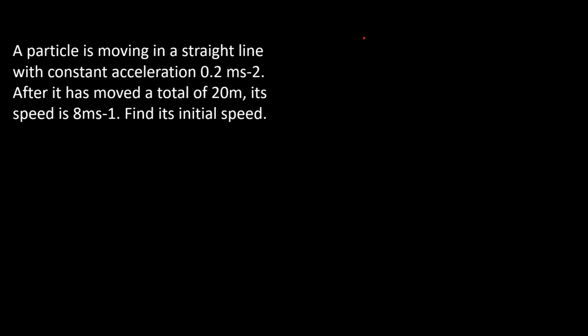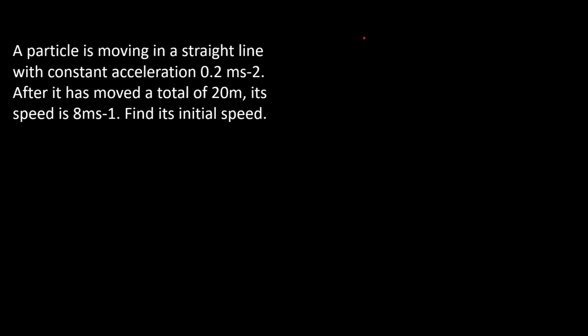Let's take a look at another worked example. It says a particle is moving in a straight line with constant acceleration 0.2 meters per second. After it has moved a total of 20 meters, its speed is 8 meters per second. Find its initial speed.